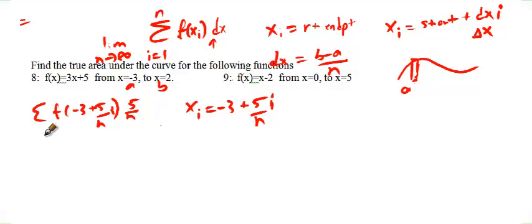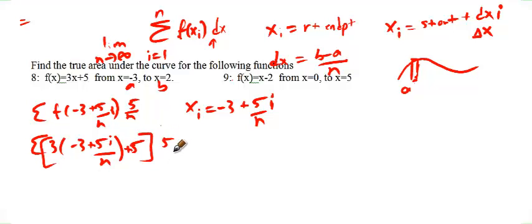Alright, so what we have to do is find f of this. So f is 3 times whatever x is, so 3 times (-3 plus 5i over n) plus 5, all of that times 5 over n. From here, all we've got to do is clean things up a little bit. So this is -9 plus 5, which is -4, plus 15i over n.